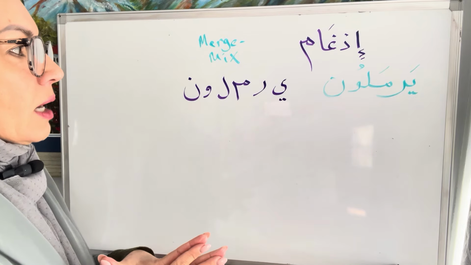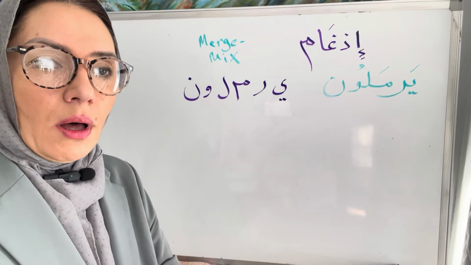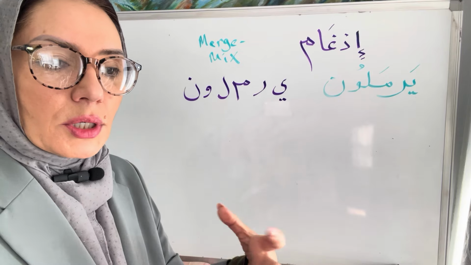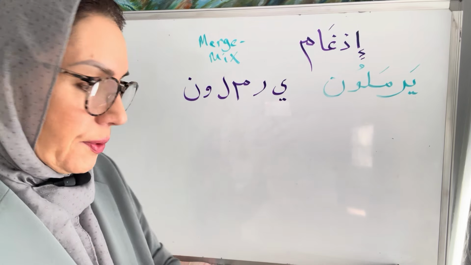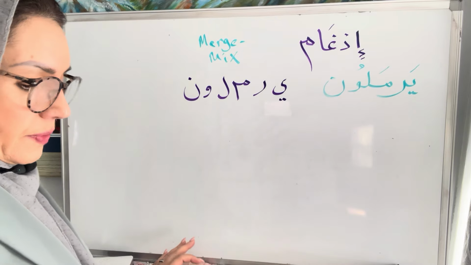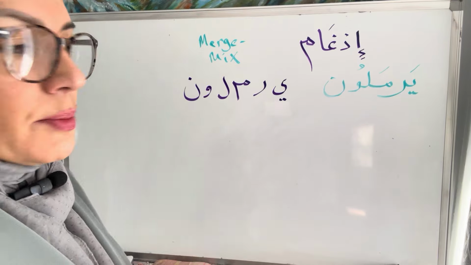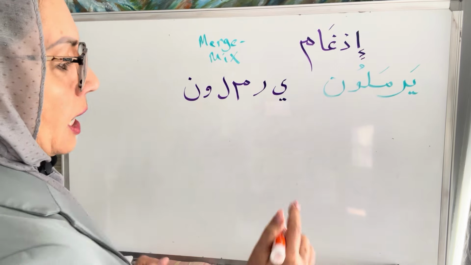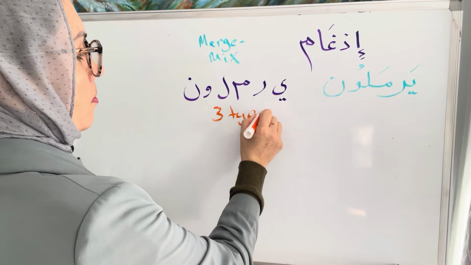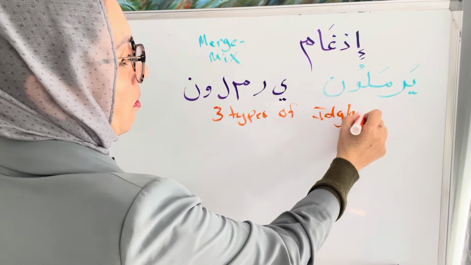Now let's talk about the 3 different types of idgham, and then inshallah we will give examples, put it into practice and read it. Let me see if we can get another marker. Okay, there are 3 types of idgham.